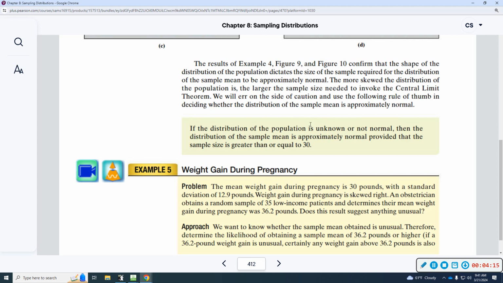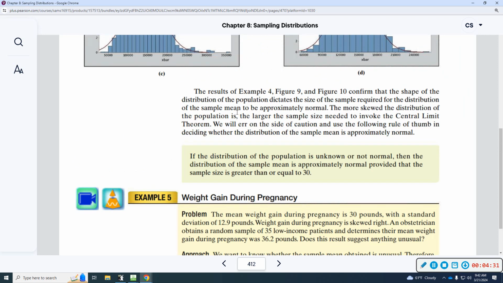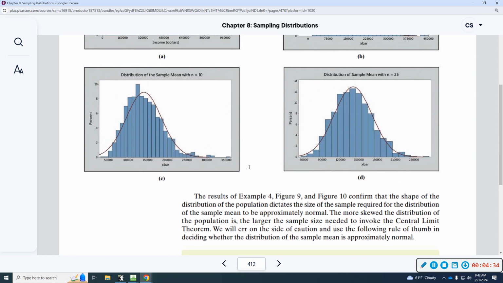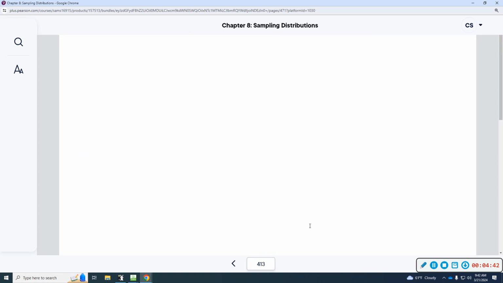Whenever we have some unknown population or distribution, we will apply the sample mean being approximately normal when we have a sample size greater than or equal to 30. That's going to be the general rule of thumb. If you look at the reading, some of them approach normal when it's smaller based on the shape. However, general rule of thumb on the safe side, we're going to say 30. That's the central limit theorem according to our text.